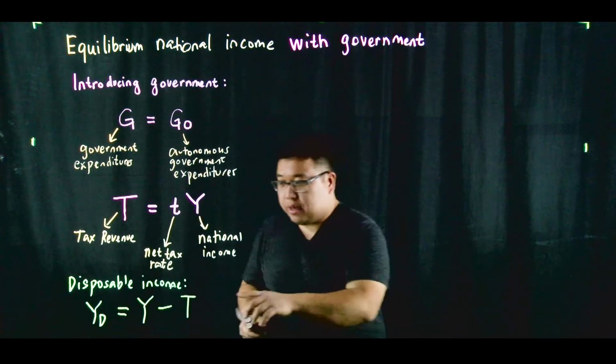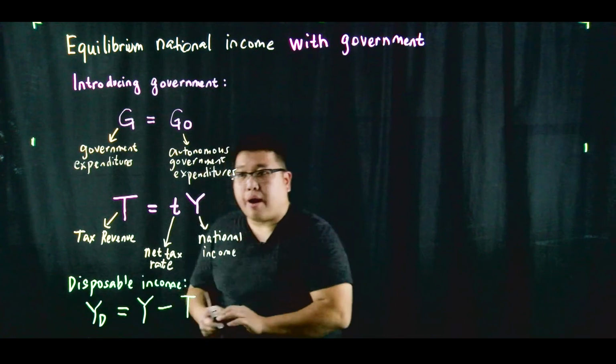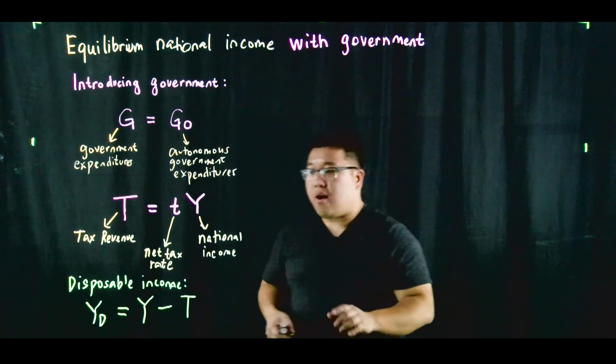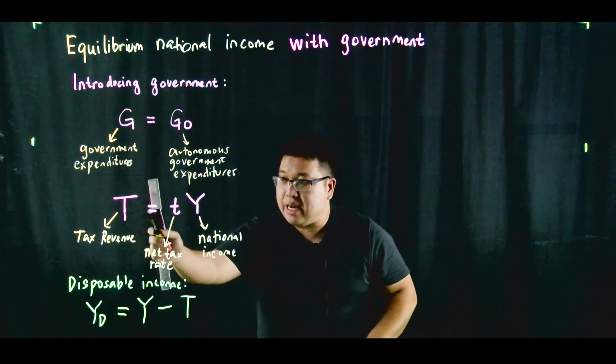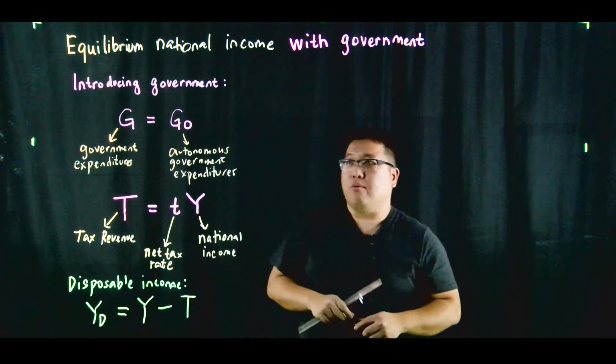So now our YD becomes Y minus T, and big T equals small t times Y.